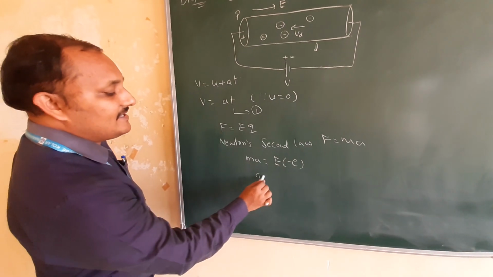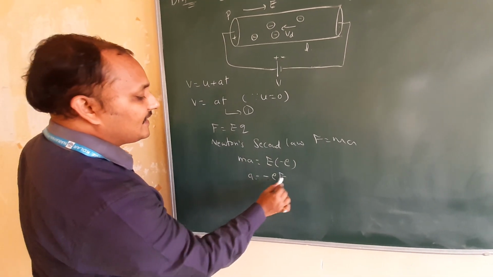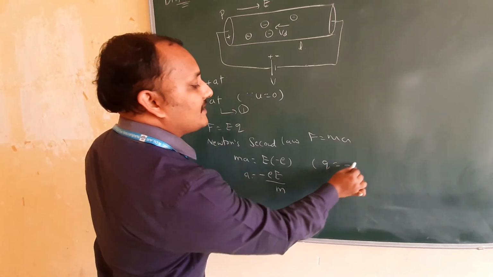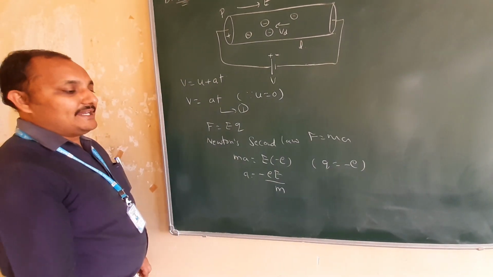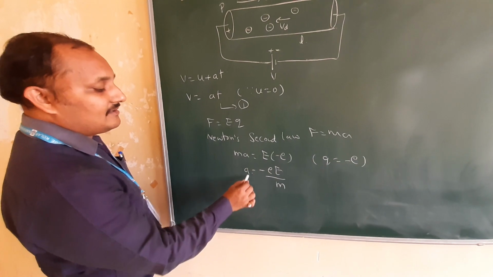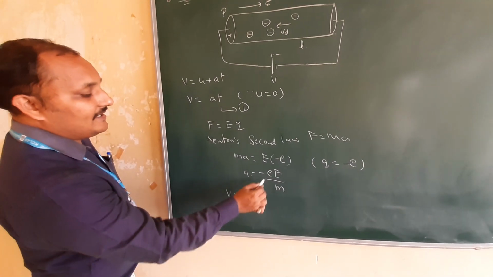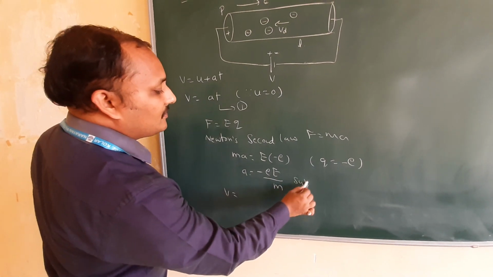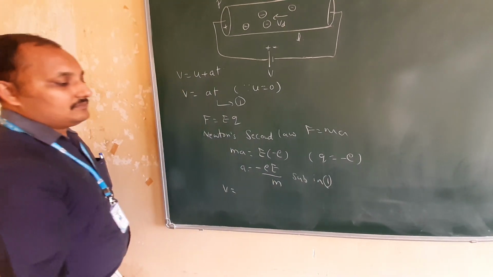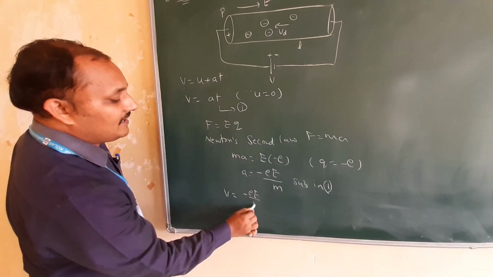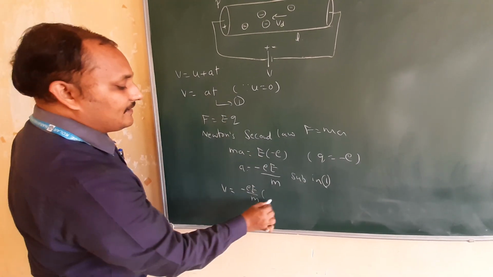Minus E. Then A is equal to minus E capital E by M. Here Q means, since the charge of the electron is negative, minus E. This acceleration value, substitute in equation 1. V is equal to AT. So substitute the A value in 1. This gives minus E by M into T.